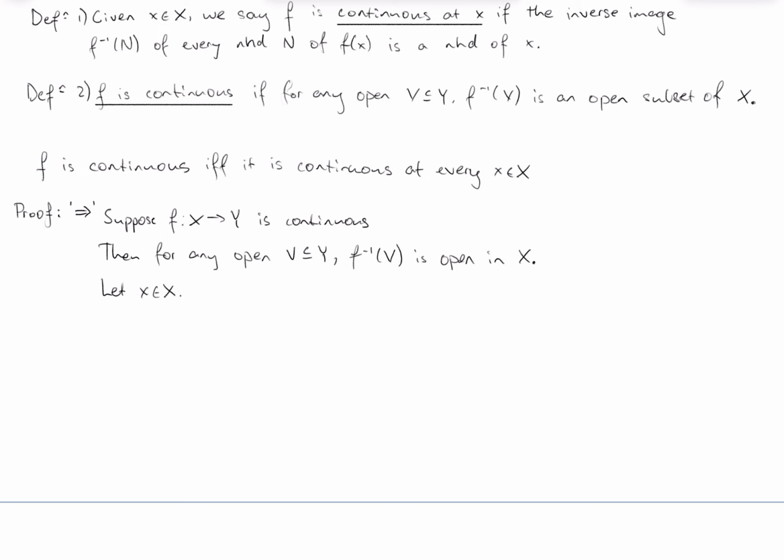And then obviously f of x is an element of Y. So we're mapping from X, via f, to f of x. That's also a point in Y. There's going to be a neighborhood around that, closed or open, it doesn't really matter for now. It's just a neighborhood. So let N of f of x, which is some strange notation, but I'm going to use it anyway, be a neighborhood of f of x.